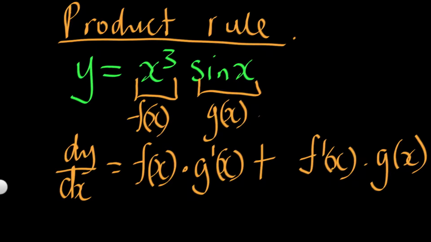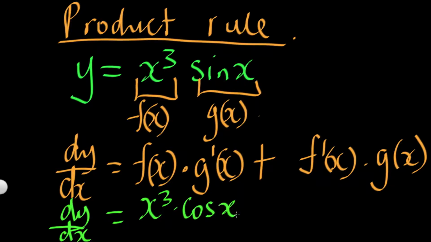So in our case, let us go straight to the answer. So dy dx is equal to, I'm going to write x cubed as it was, and then I differentiate sine x, I get a cos, so cosine x, plus I differentiate x cubed, which gives me 3x squared times sine x.